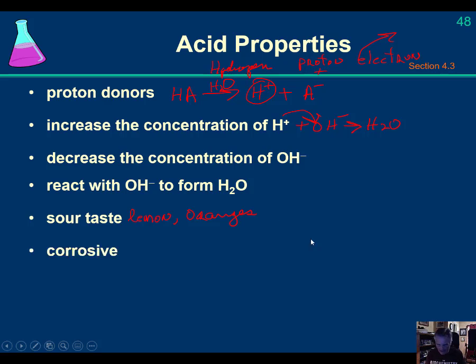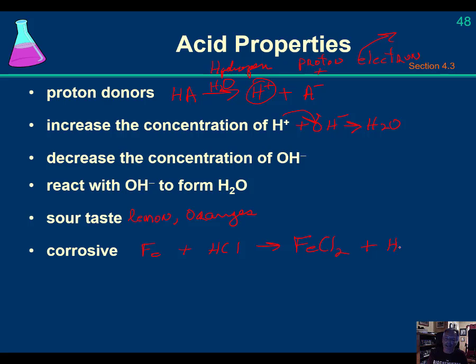And acids can be corrosive, particularly to some metals. So if you take a metal like iron and you put it in some hydrochloric acid, you're going to get 2 products out of that. You'll get a salt, and we'll just keep it fairly simple, this is iron(II) chloride.